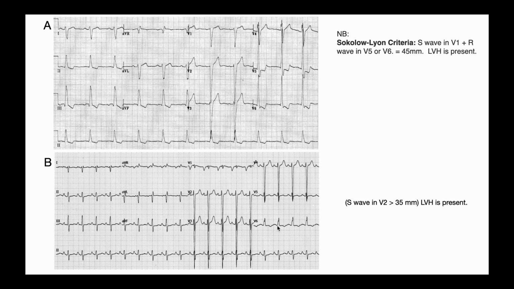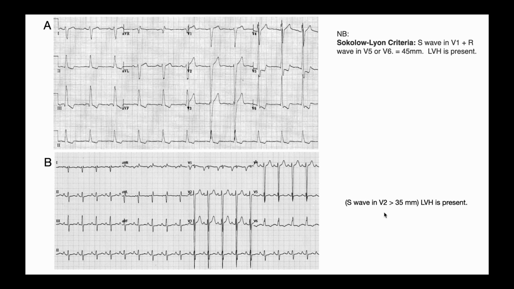Now, we used this criteria to determine the left ventricular hypertrophy because we saw that the S wave in V2 was more than 35. We can count it and see. You have 1, 2, 3, 4, 5, 6, 7, 8. So when we multiply by 5, we are getting more than 35. This indicates that there is left ventricular hypertrophy.